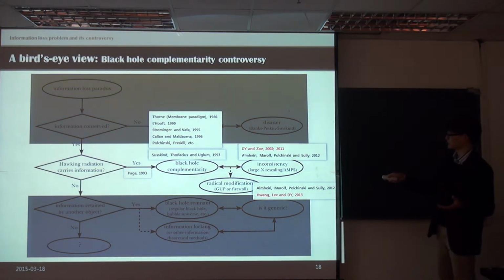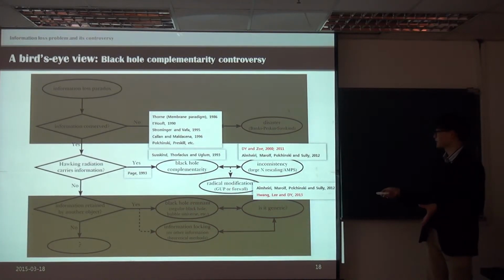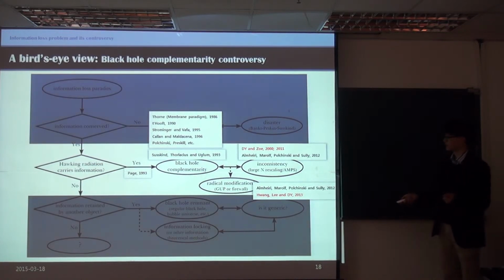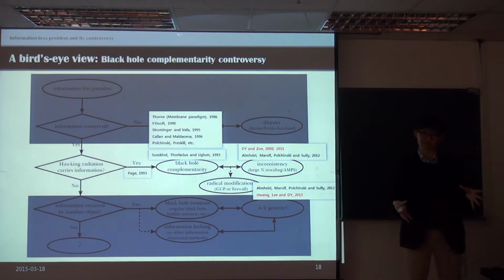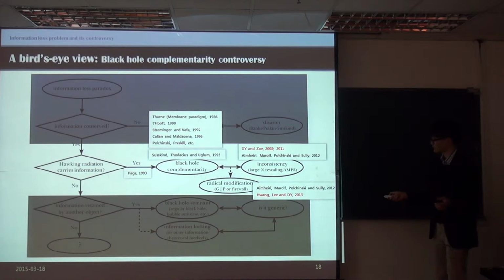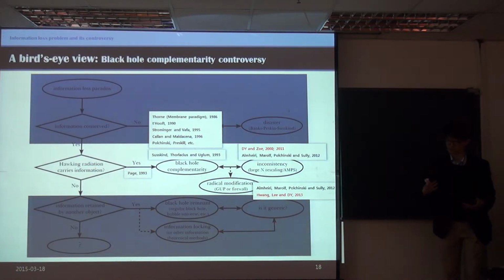Now we say AMPS. According to the AMPS paper, again, black hole complementarity is inconsistent. And then what is the consequence? AMPS thought that we have to radically modify black hole physics, and the black hole horizon should be surrounded by some fuzzy sphere, so-called firewalls. They introduced the firewall, and there are lots of controversies.